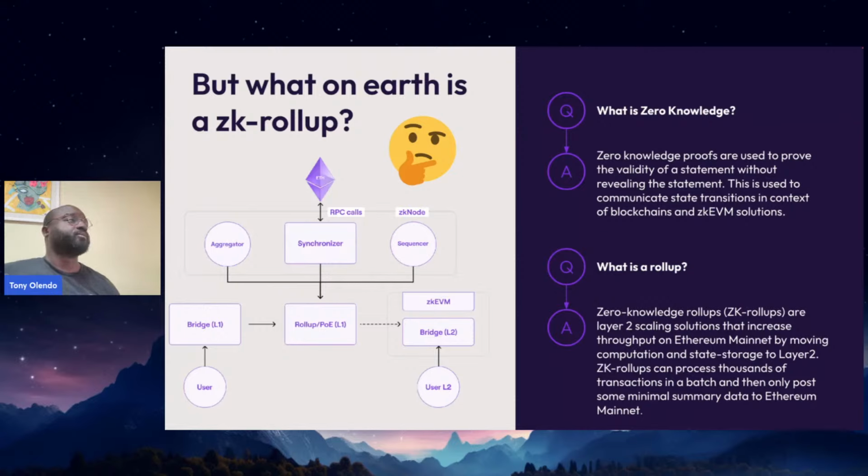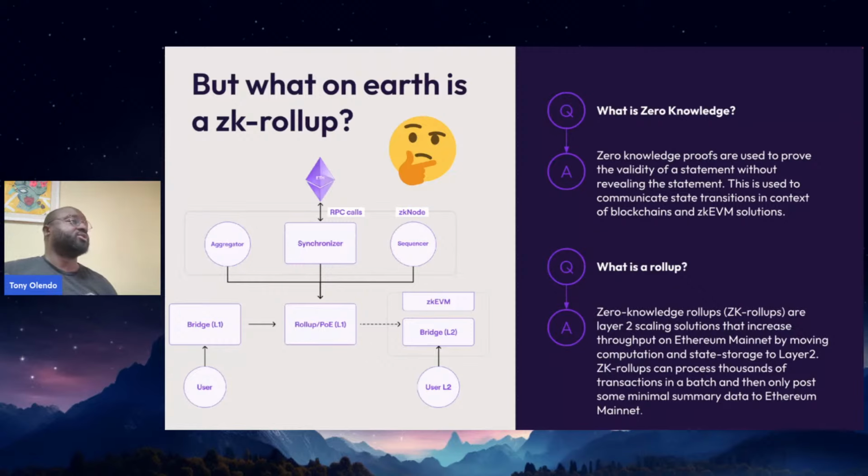And so the way that our zkVM works is that the user bridges from L1 to the L2, and they're able to get on the proof of efficiency contract or the rollup on the L1, and then the transactions go into the synchronizer.